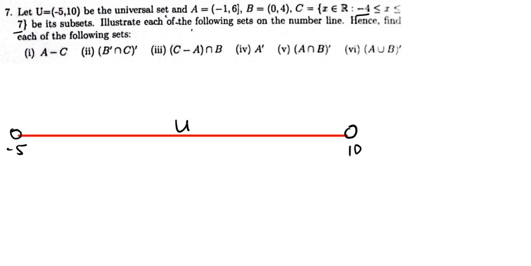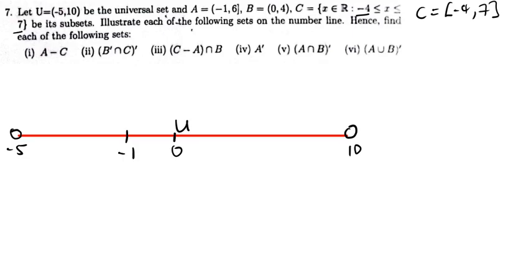Since they are using less than or equal to on both, meaning these two are included, in simple terms C is starting from negative 4 all the way to 7, and both are included. Now I can start. I have negative 1. I'll put negative 1 here. I can put 0 to show that this side is negative, this side is positive. But even if you don't include 0, that's not a problem.